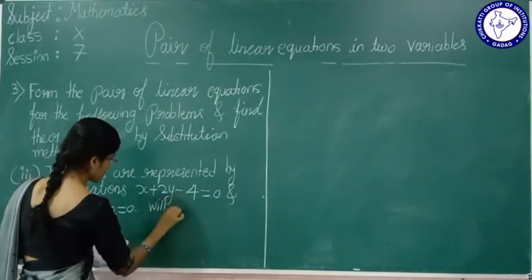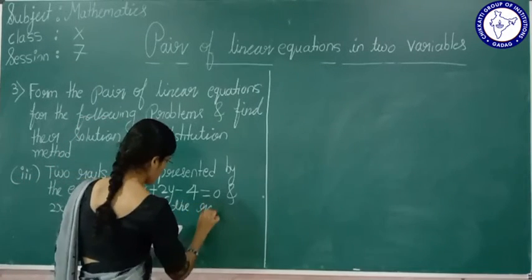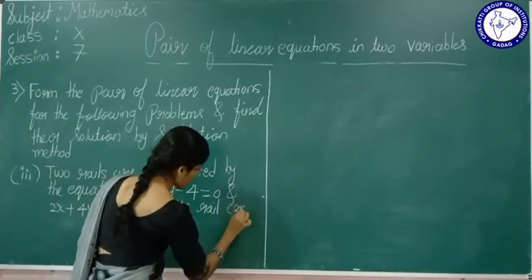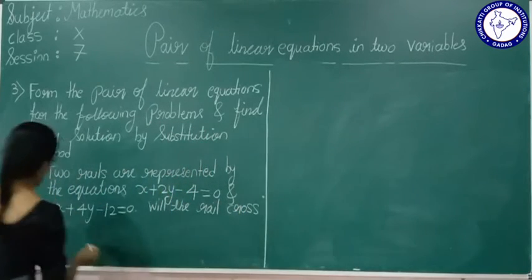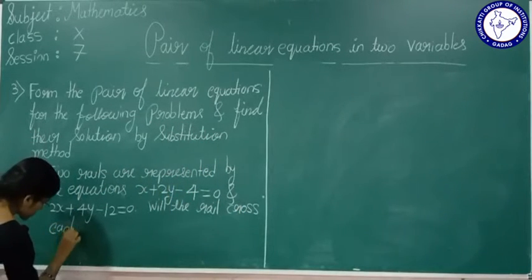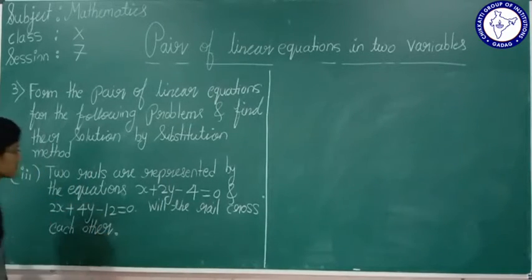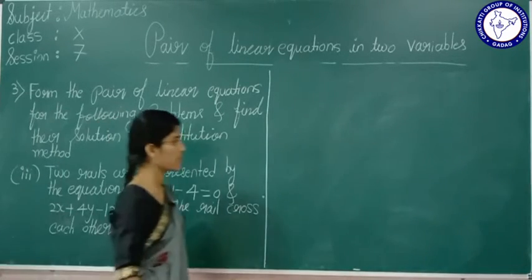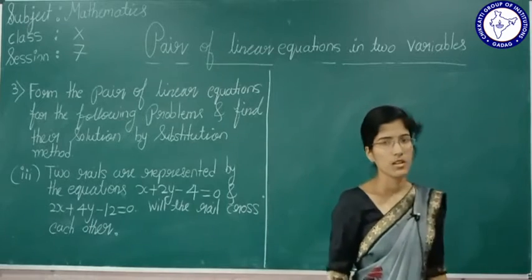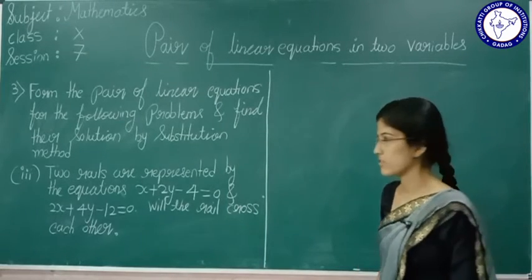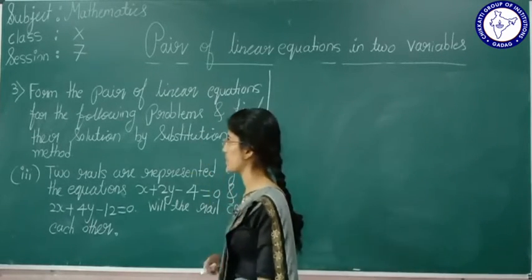Will the rails cross each other? Now see students, we have to solve this pair of linear equations by substitution method.